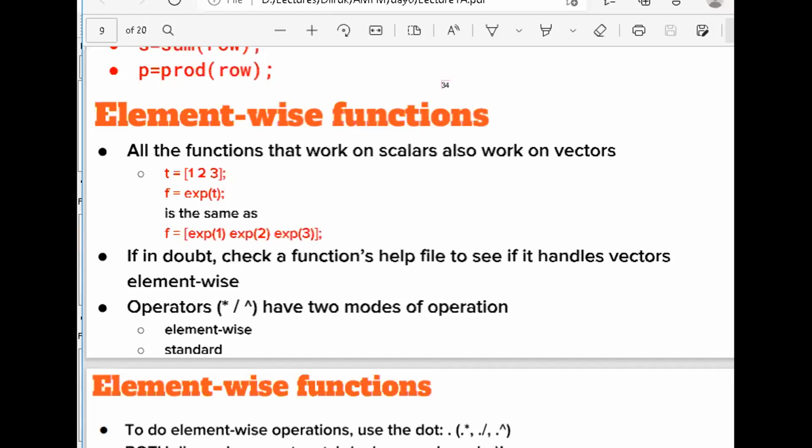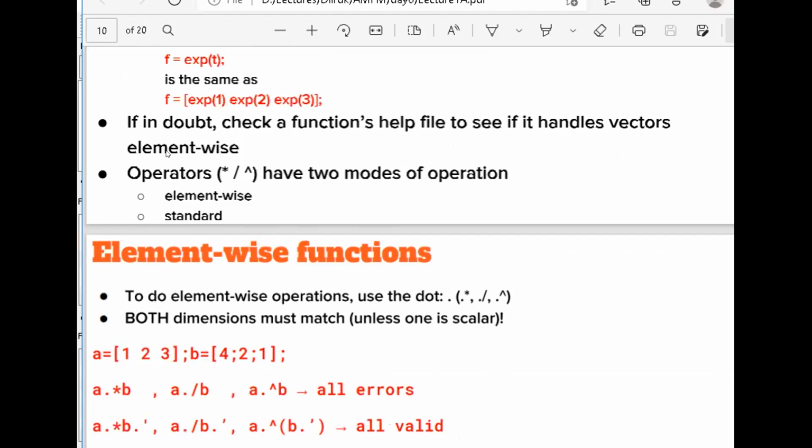So this is the element wise operation, right? All the functions that work on scalars also work on vectors.